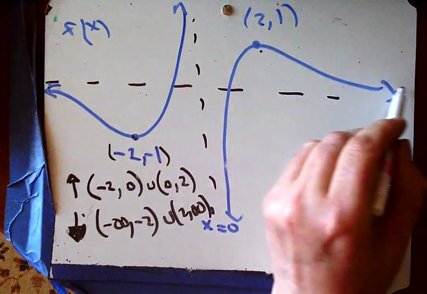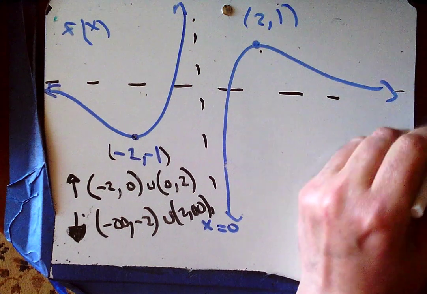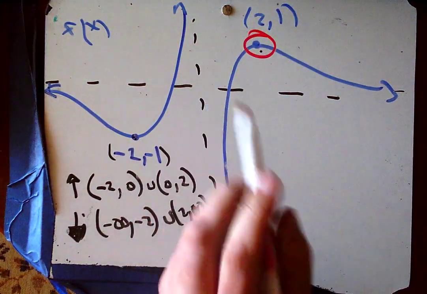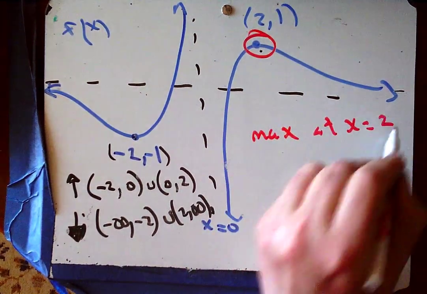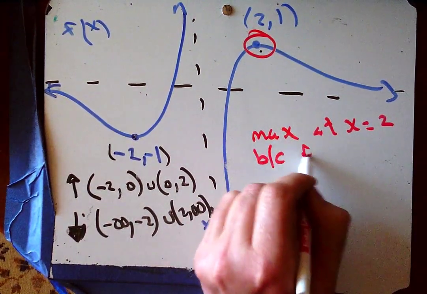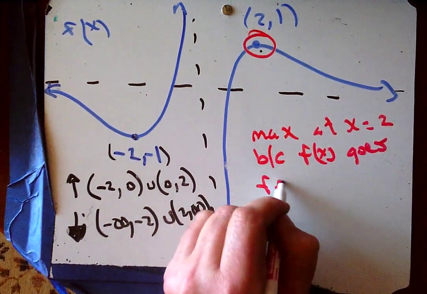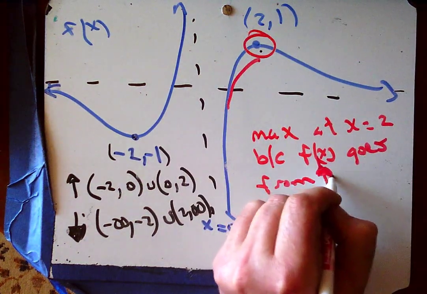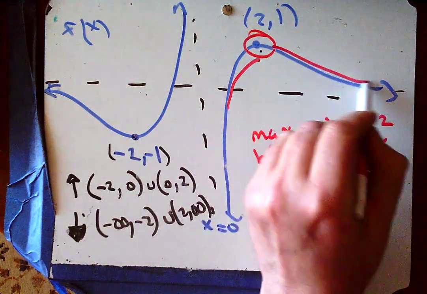Well, this goes forever approaching that horizontal asymptote, so there's no min, there's no endpoint. This is a max. How did I know? I know there's a max at x equals 2 because f of x goes from increasing to decreasing.